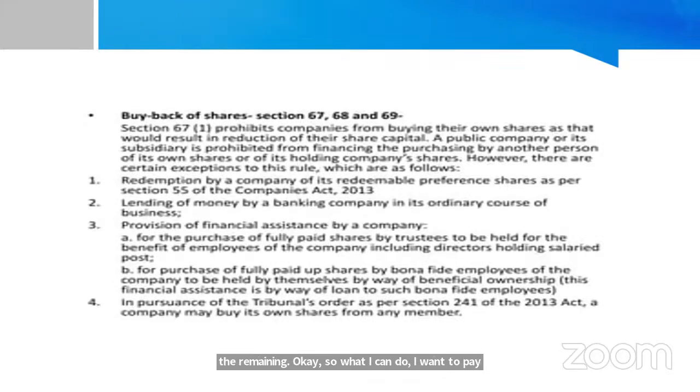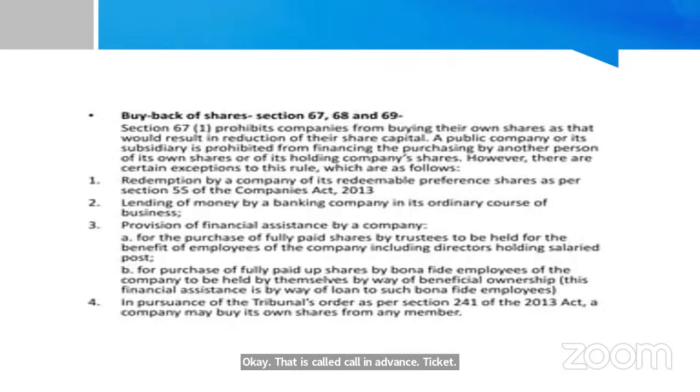If the articles authorize, then only the company can accept from me this remaining unpaid part, which is the 4,000 rupees, even if the amount has not been called up or the company has not asked the shareholders to pay that much amount. That is called call in advance.